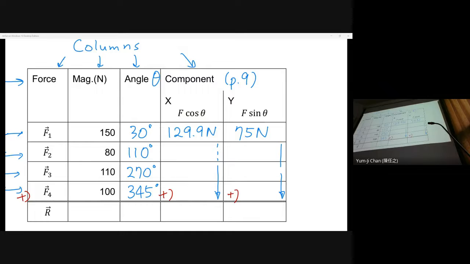So now the sum for the X component will be 199.1 Newton. And for the Y component, it is 14.3 Newtons. You can do it at home.